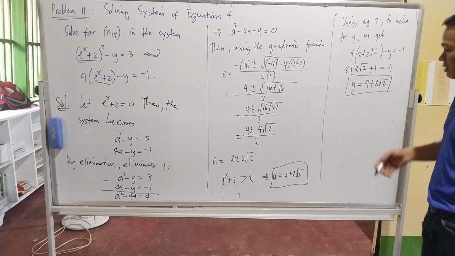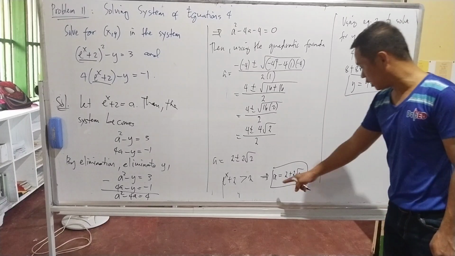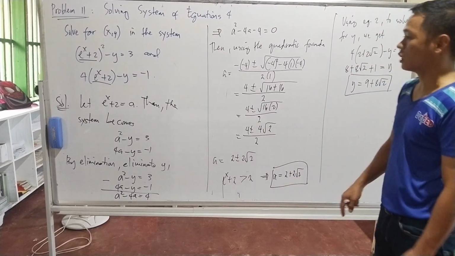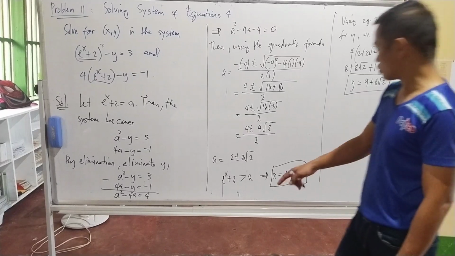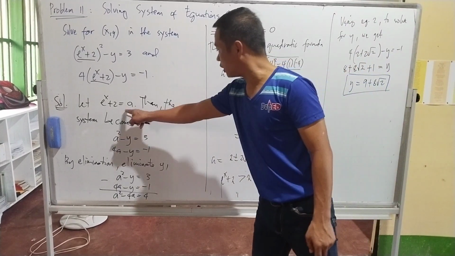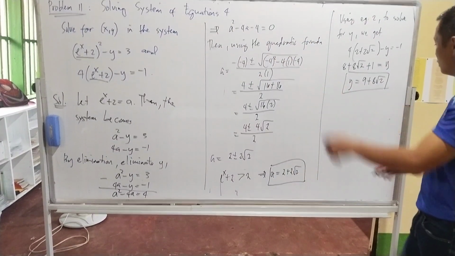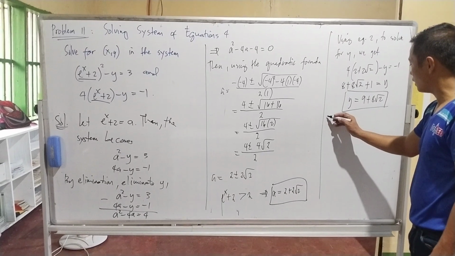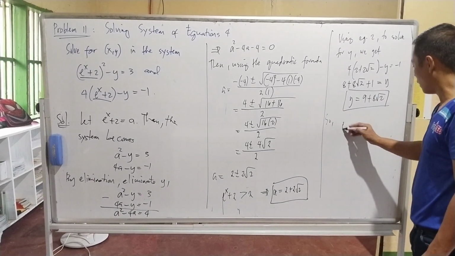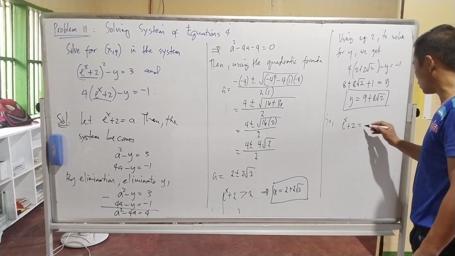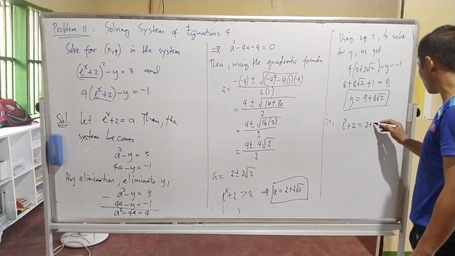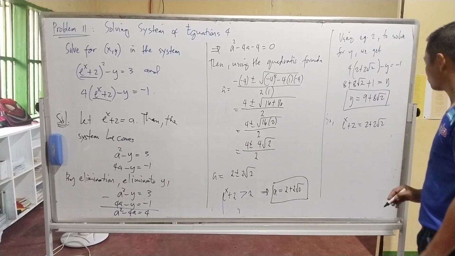We are not yet done because the value of x is not yet found. So we need to substitute back the assumption that we had. We now have e^(x+2) = 2 + 2√2.